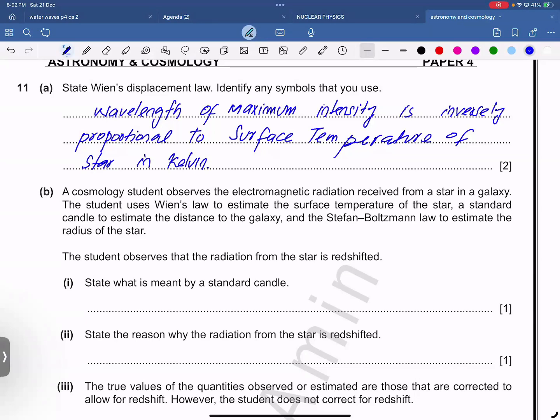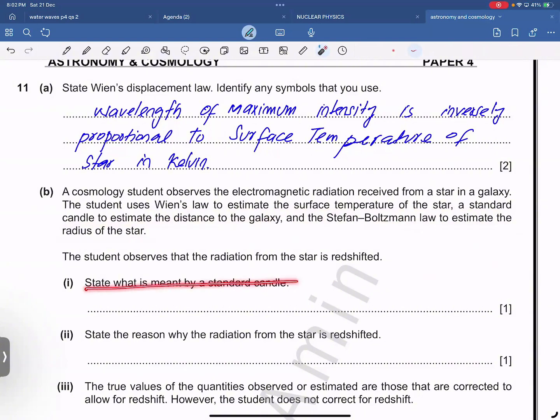Okay. A cosmology student observes the electromagnetic radiation received from a star in a galaxy. The student uses Wien's displacement law to estimate the surface temperature of the star, a standard candle to estimate the distance, and Stefan-Boltzmann law to estimate the radius. We wrote this sequence in the question also, how different things are found.